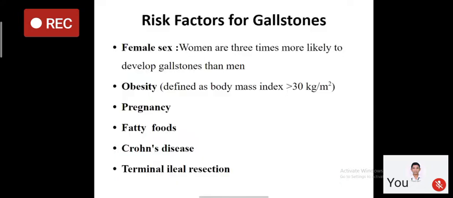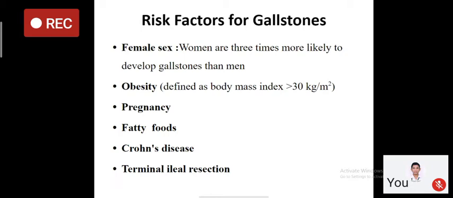Now coming to the risk factors for gallstone. The first risk factor is female sex. Women are 3 times more likely to develop gallstone than men. The old saying is that a fertile female of 40 years of age is a risk factor for gallstone.